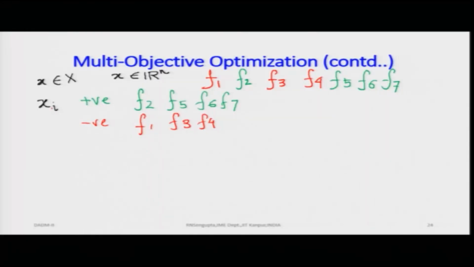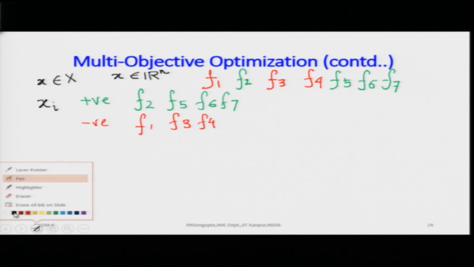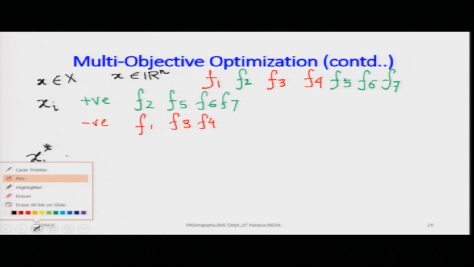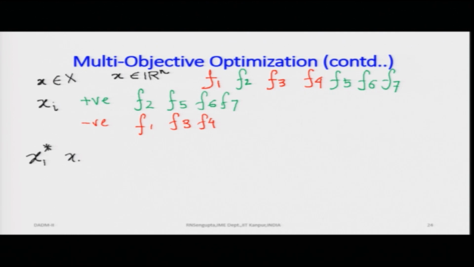Now, consider there are some x's, let me mention them as x1 star, x2 star, and consider x3 star. These x1 and x2 have nothing to do with the earlier values of x.